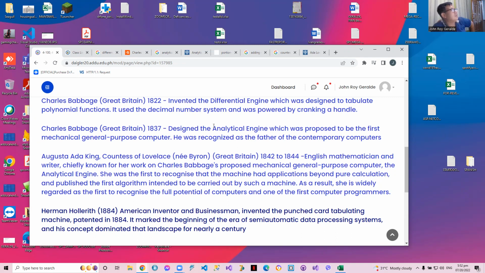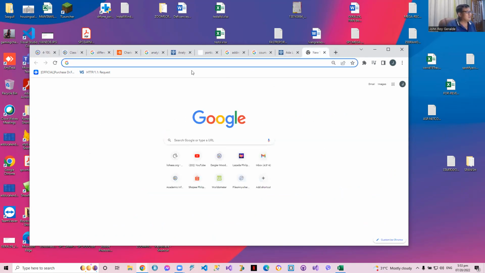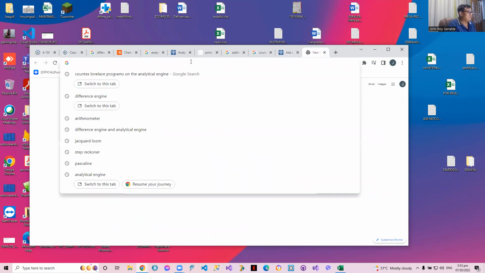He established IBM, which became the IBM PC. Hermann Hollerith was an American inventor and businessman. He produced punch card tabulating machines as an improvement of the Jacquard loom. This time it doesn't use weaving machines, but records and reads data.